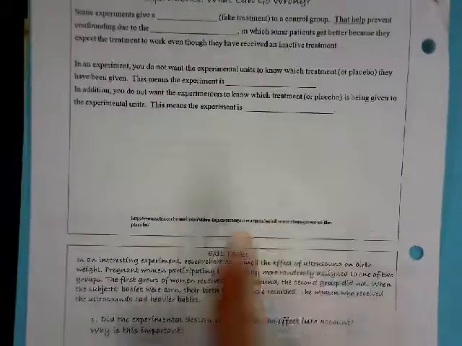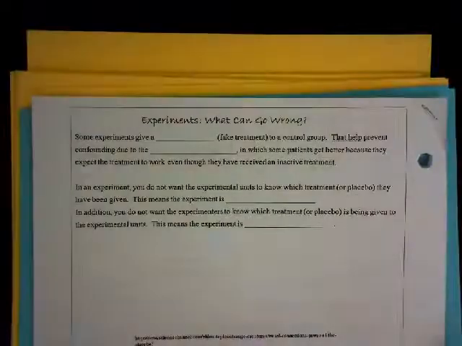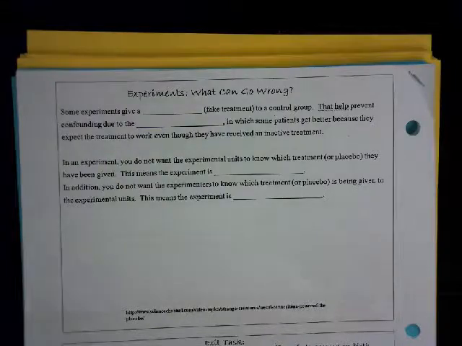Some experiments give a placebo, which is a fake treatment, to the control group. They do that to help prevent confounding due to the placebo effect.